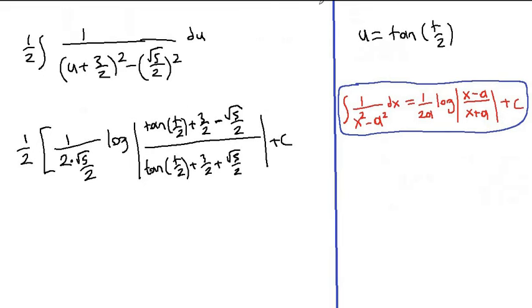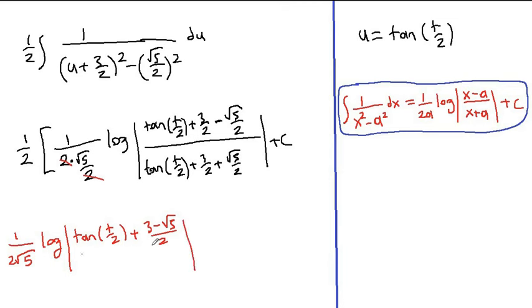Okay, now if you need to rearrange and simplify, 2 cancels 2, 1/2 times 2 radical 5, logarithm. So 3 over 2 minus this is 3 minus radical 5 over 2. You can leave it in this form, over tangent t over 2 plus, this is 3 plus radical 5 over 2, plus c.